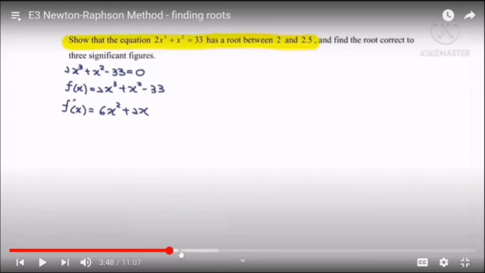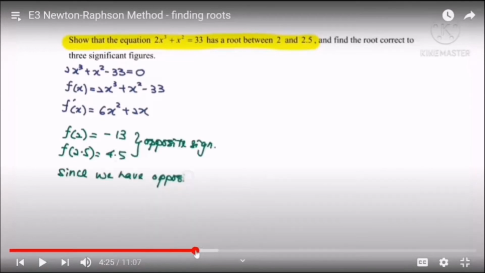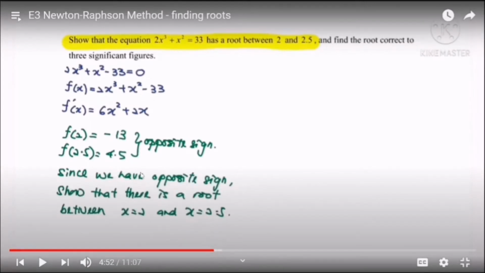So saya akan dapat apa? Negatif 13. Kemudian substitute 2.5, saya akan dapat 4.5. So nampak tak ada opposite sign? So kalau ada opposite sign, automatic kita tulislah dia ada root in between x equals to 2 and x equals to 2.5.